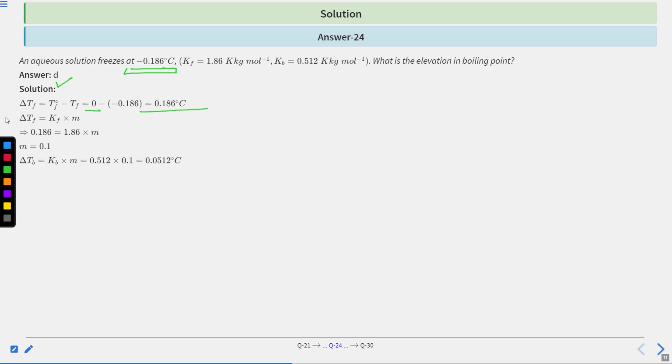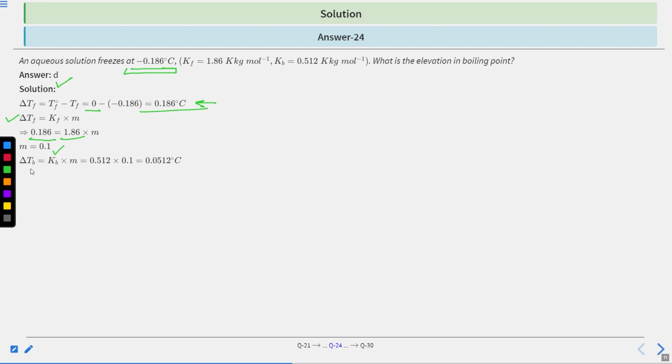And del TF is also given as KF into M, and KF we have given as 1.86 and del TF is 0.186. We have calculated here, and M or molality we don't know, so M is taken as M, and M is actually 0.1.